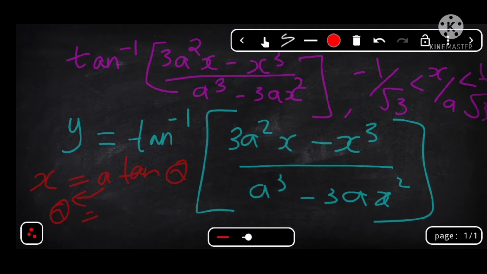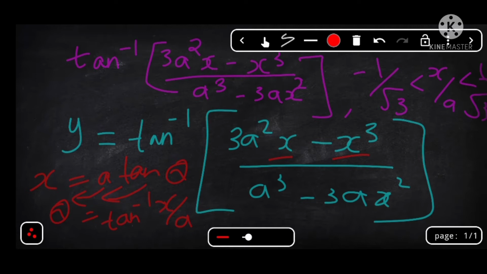Now if I take tan to this side, this is going to be tan inverse of x by a, right? So we have x value as a tan theta, and theta as tan inverse x by a. Fine. Okay, so in place of x I am going to substitute tan theta.